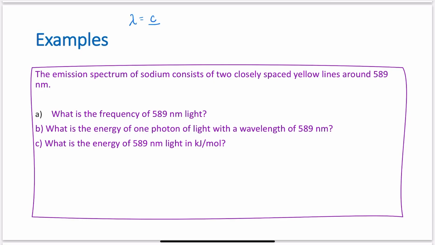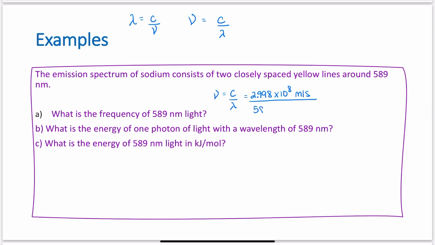I know lambda is equal to the speed of light over nu. So I'm just going to rearrange this. That means nu is equal to the speed of light over lambda. Speed of light, 2.998 times 10 to the 8th meters per second. Lambda is 589 nanometers.